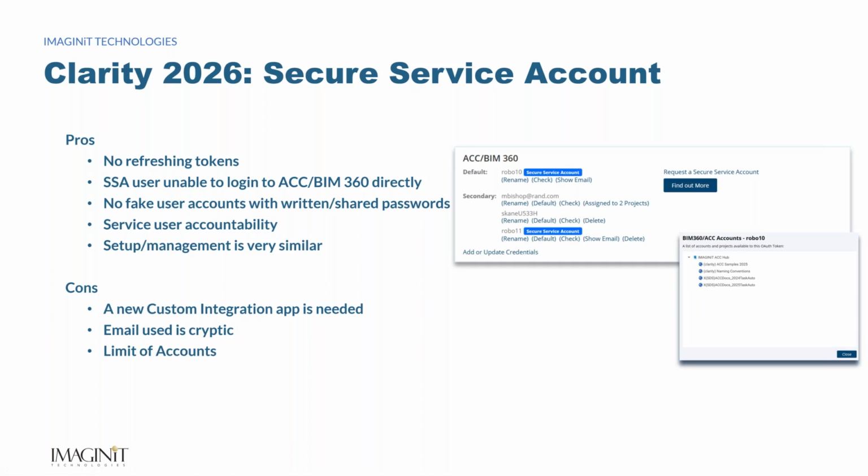The other last con would be that you're limited to 2 per user. So on your Clarity instance, you can have 2 SSA accounts, and that's the limit.